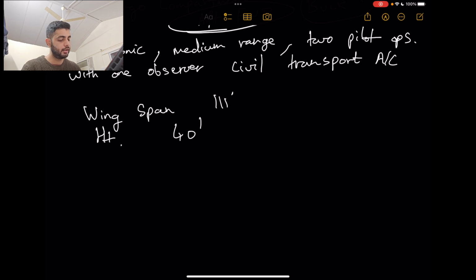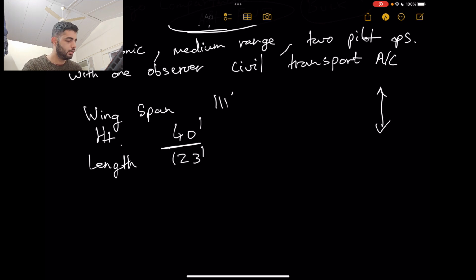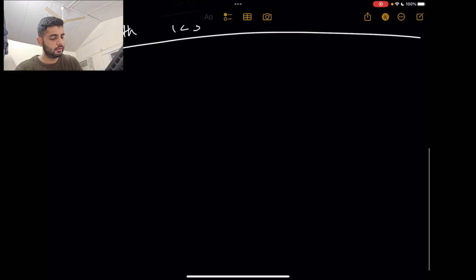Okay, now height here means the entire height till the tip of the rudder, till the top of the vertical fin, which will be 40 feet. Later on you'll be asked a few questions on this. And length is 123 feet. Okay, there are unpressurized compartments in this aircraft.